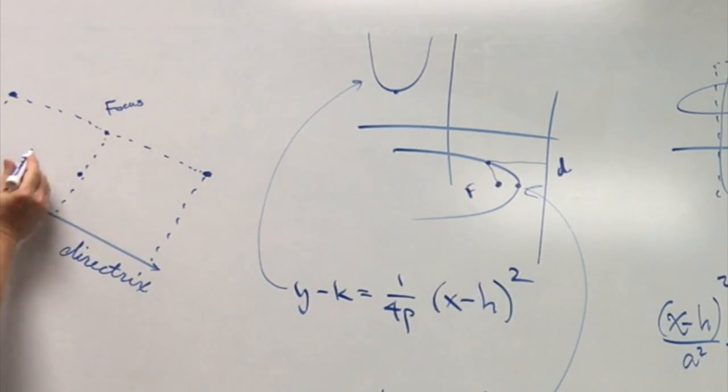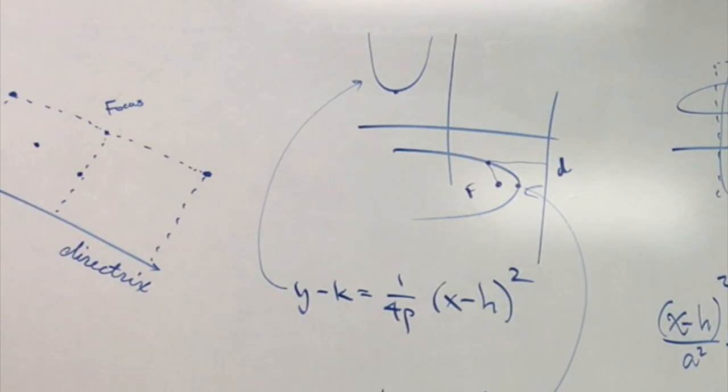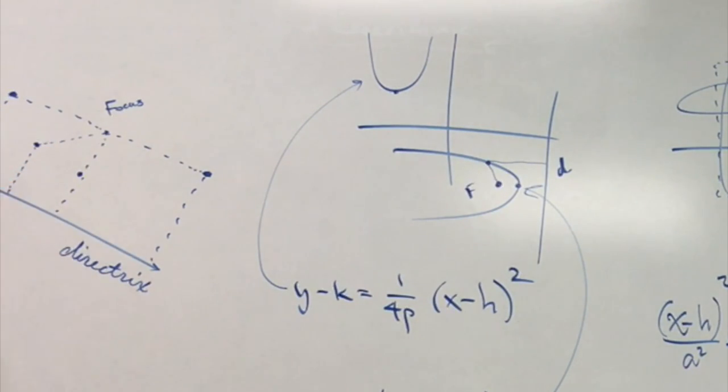For example, I estimate there'd be one about right here. What I'm imagining in my mind is this distance right here and this distance right here, so that distance is equal to that distance. And that's just one of many.